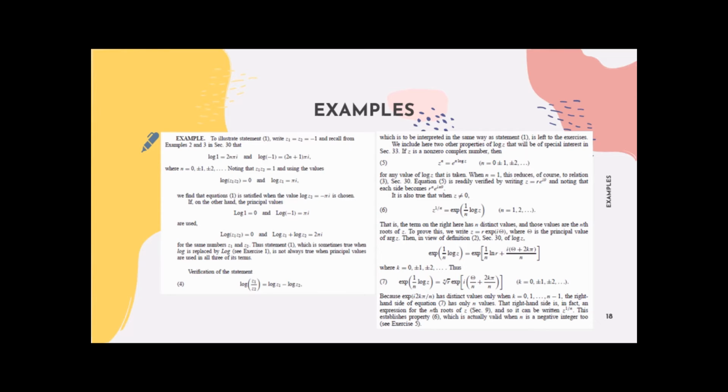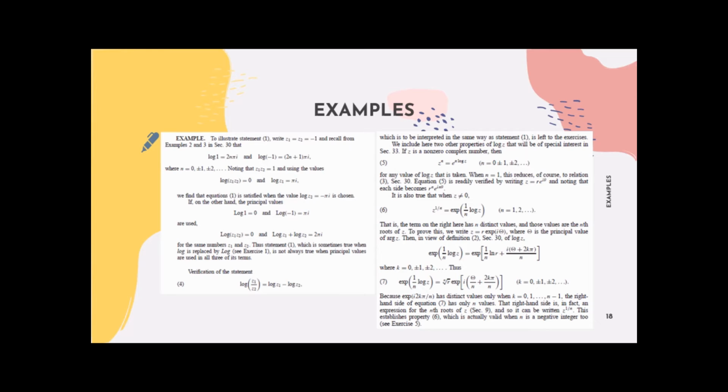We include here two other properties of log c that will be of special interest. If c is a non-zero complex number, then c^n = exp(n log c), for n = 0, ±1, and so on, for any value of log c that is taken.